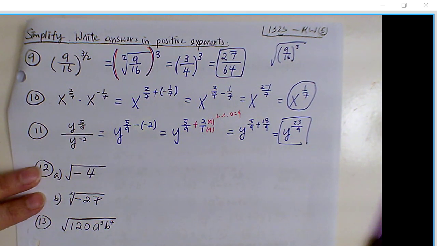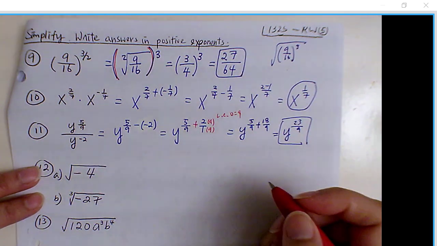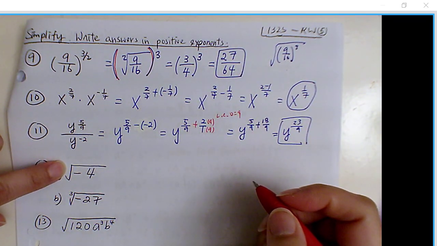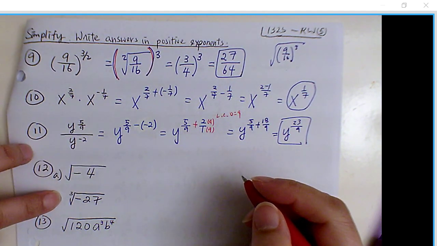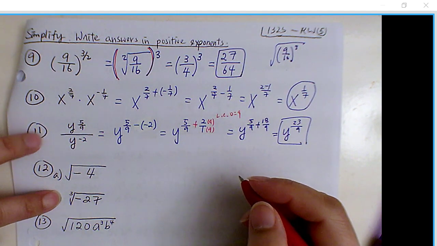Okay, number 12, I want you to pay attention. Both of them have a root. Both of them have a negative inside the root. The top one, I don't see a number here, which has an understood 2 there. That's a square root. And the second one has a cube root with a negative.